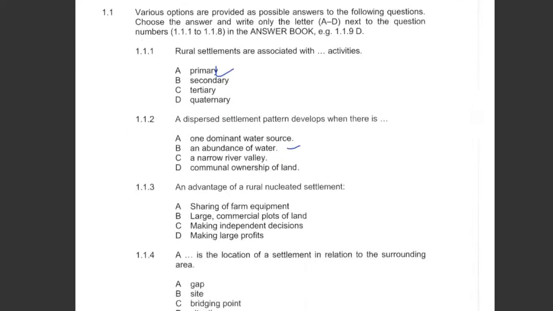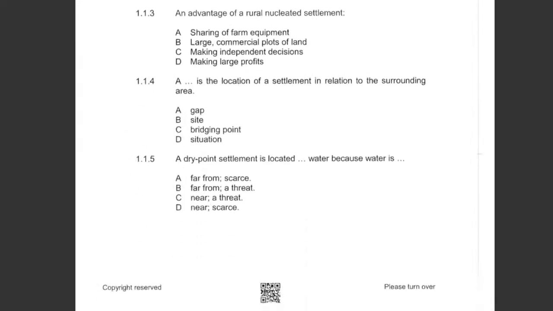Okay. Then we go to the next question that says, an advantage of rural nucleated settlement. Advantage of rural nucleated settlement is which one? I'm looking at C as the best option. A dash is the location of the settlement in relation to the surrounding area, and I'm looking at D as the best option.